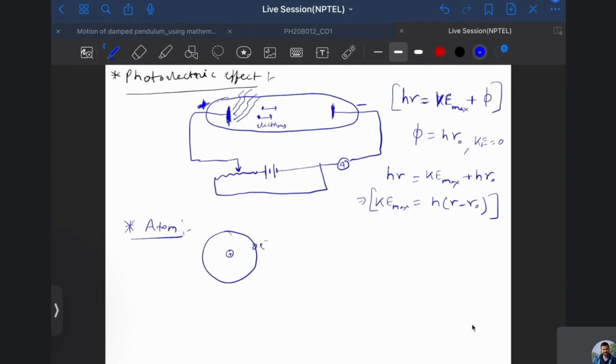Now first of all, the energy of this hydrogen atom is given like this: e square by 8 pi epsilon naught r, where r is the radius of the orbit of the electron.